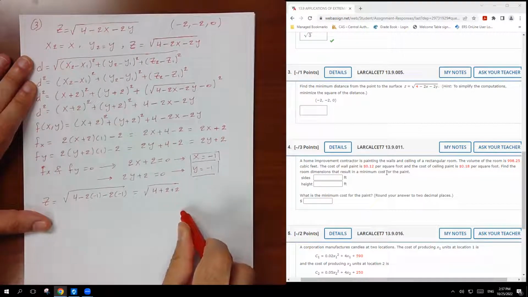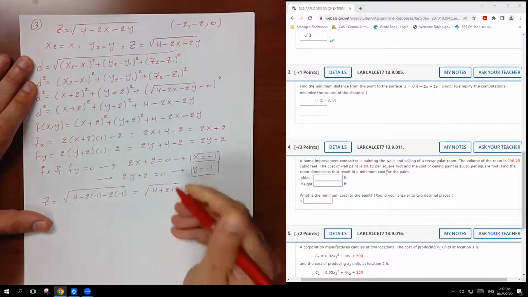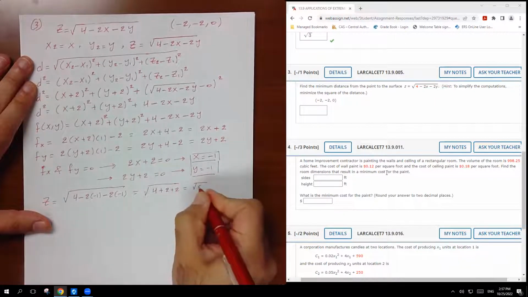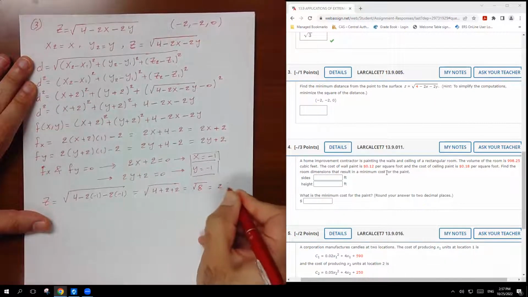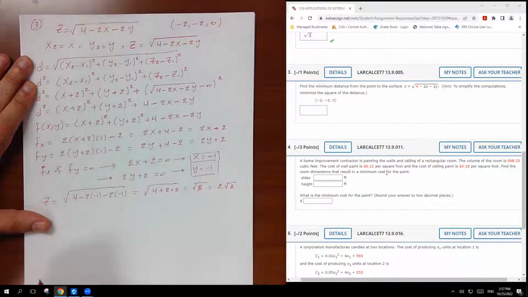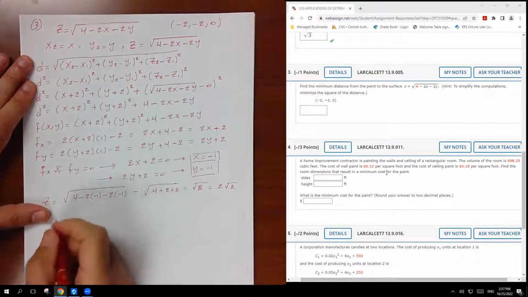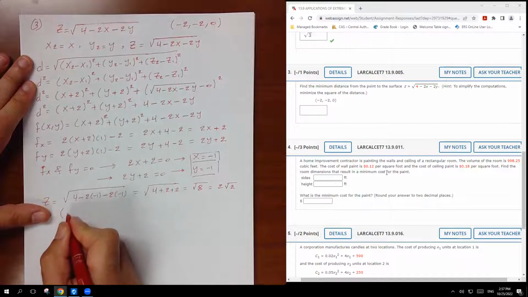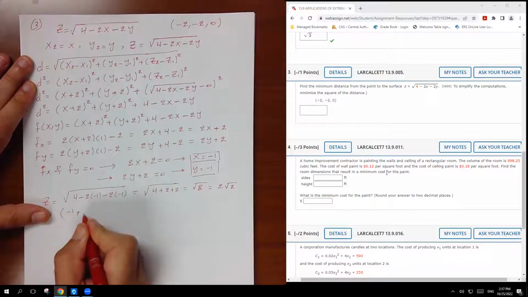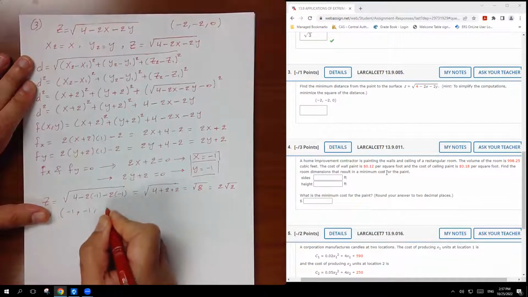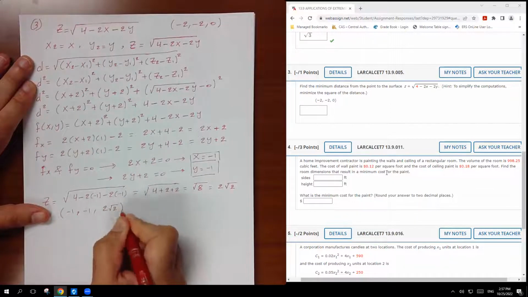So the square root of 8, which is equal to 2 square root of 2. So this is the z. That means our critical point: x is negative 1, y is negative 1, and z is 2 square root of 2.